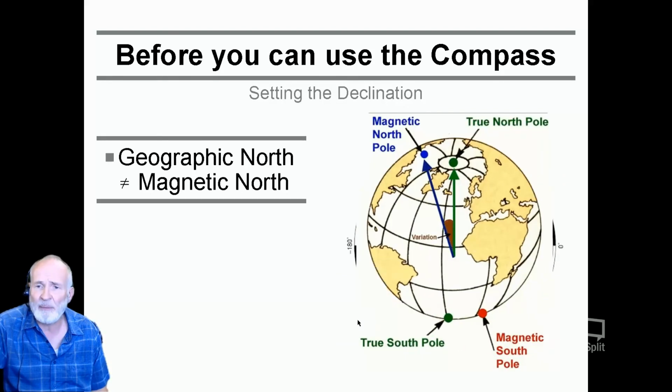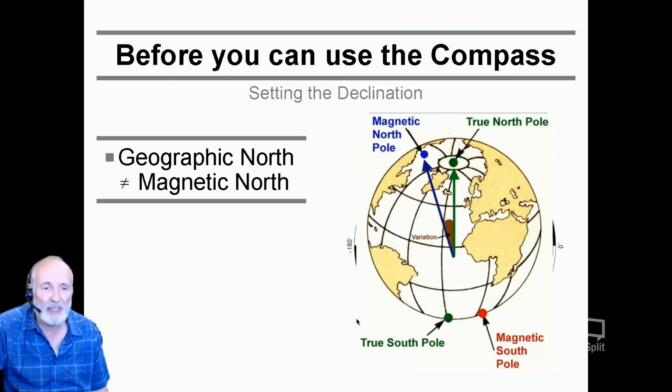So what that means is that when you do compass measurements, you have a variation. You're supposed to point to the true North Pole, but instead your needle points to the magnetic north, and so you're off. Your measurements are going to be off. That sucks for accurate measurements.